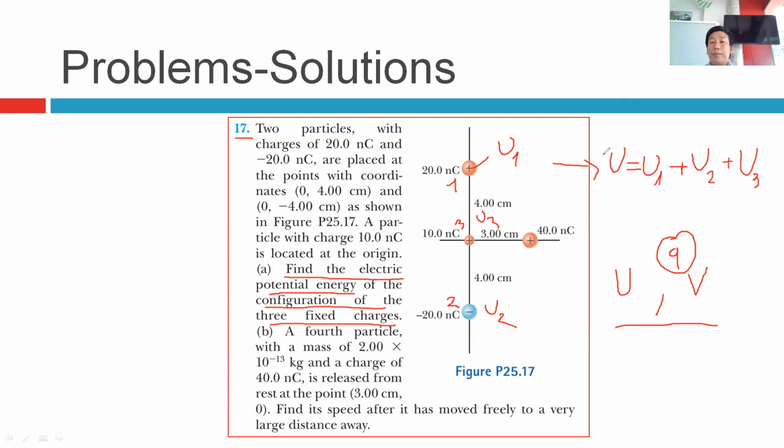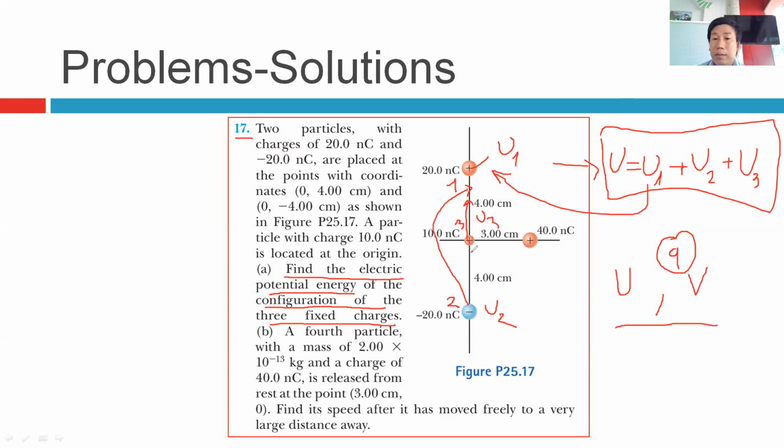Okay. And how to calculate U1? U1 is caused by charge number 2 and charge number 3.